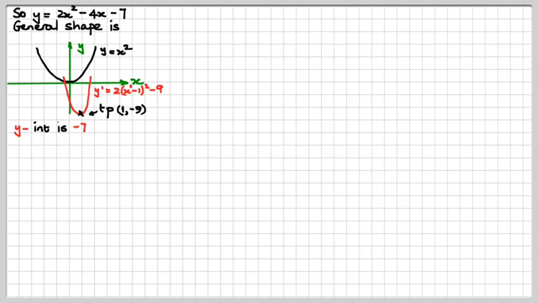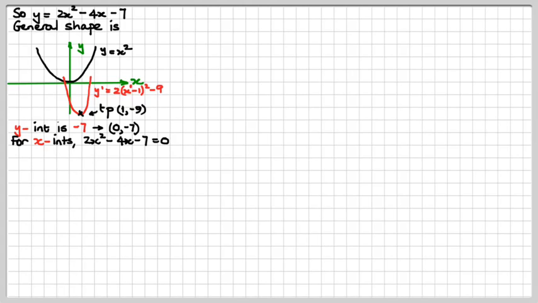So the 1 is the h and the k is the minus 9 in terms of turning point form, which is a open bracket x minus h close bracket all squared plus k, yep? Okay, now the y-intercept is minus 7, we know that because we're looking up here, and that's the c term of the ax squared plus bx plus c, and yes, that gets you that.